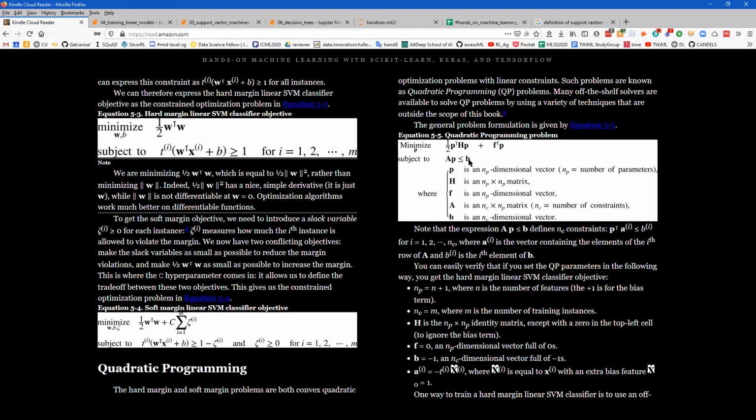So let's see, if it's a linear problem, then P is an N... I think H is the identity here because the problem looks like the one we just looked at, 1/2 W transpose W plus the sum of some slack variables, C times that.